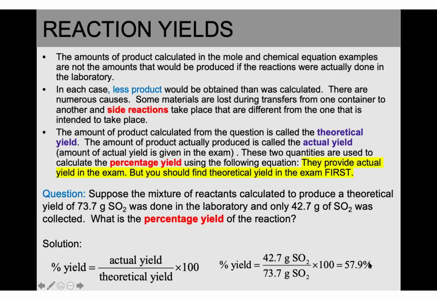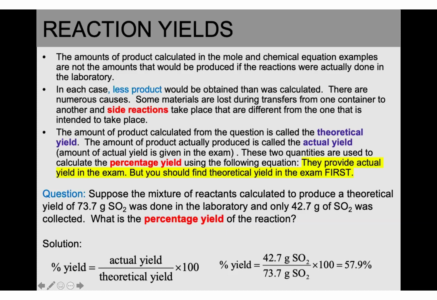So the best answer that could be here would be 100%. But it depends on the person that does it in the laboratory, it's going to be different. To be honest, we can never have 100% yield, because there is always something that happens, and the laboratory work is never perfect.